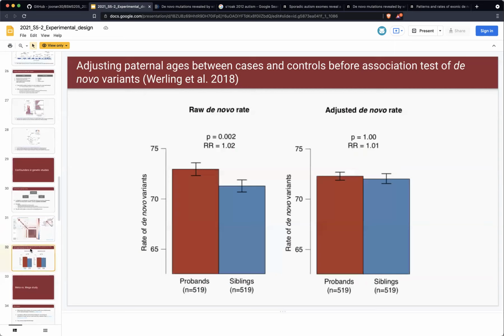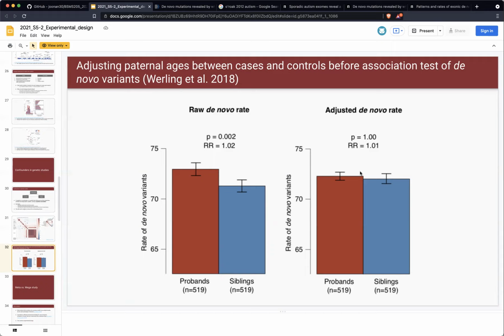And as I mentioned, if you find those confounders, you can remove them or adjust the numbers between cases and controls. If you don't adjust the numbers, then you see differences that naturally exist between cases and controls in your data set. So you have to adjust for the paternal age between the cases and controls.